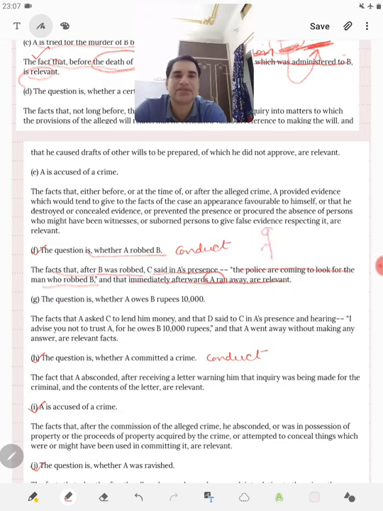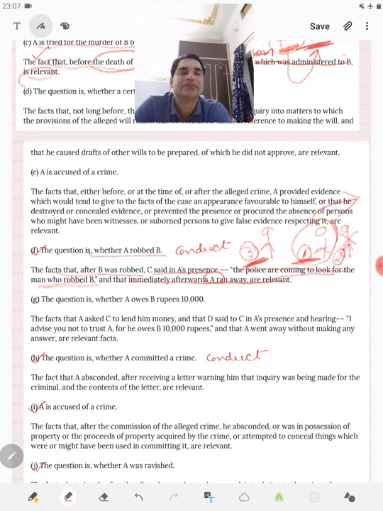So if there is a person 1 and the question is whether this person 1 has robbed person 2, and person 3 says that police are coming to look for the man who robbed the victim, and now A runs away after hearing this statement of person 3, then this statement is relevant, or this conduct is also relevant, because this conduct is influenced by the statement which is said in his presence and hearing, and which is a part of fact in issue or relevant fact.